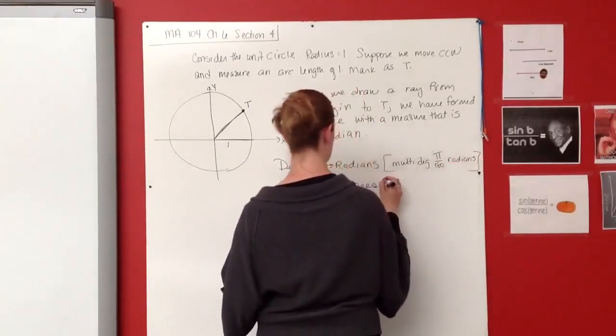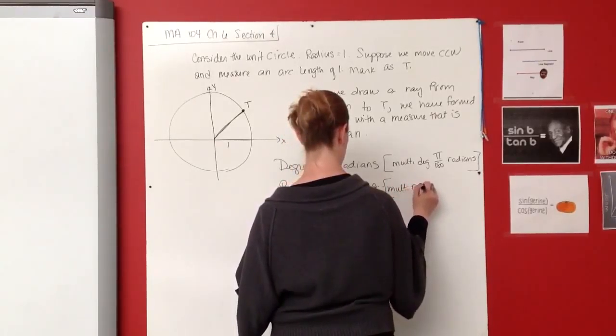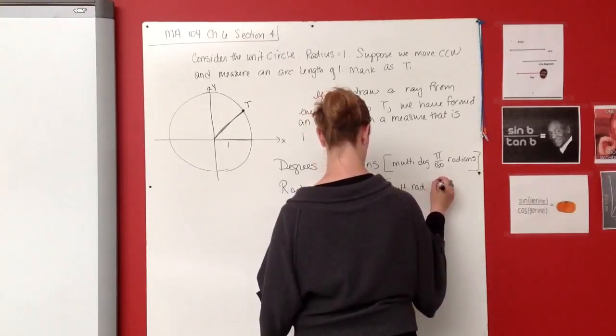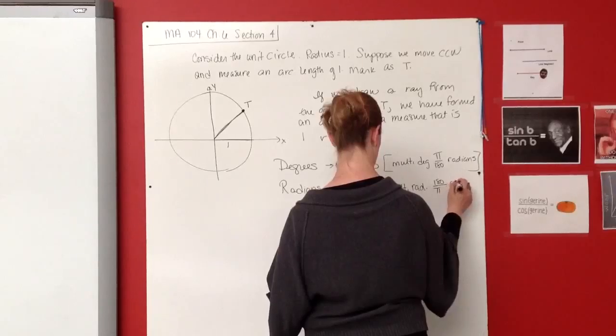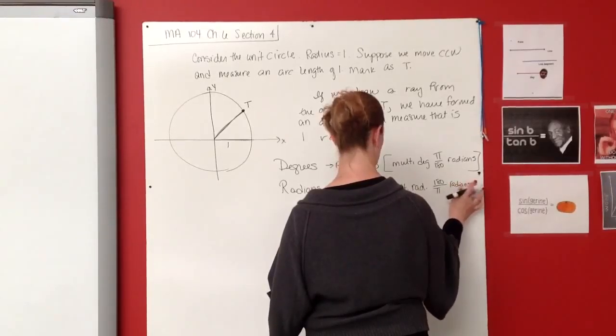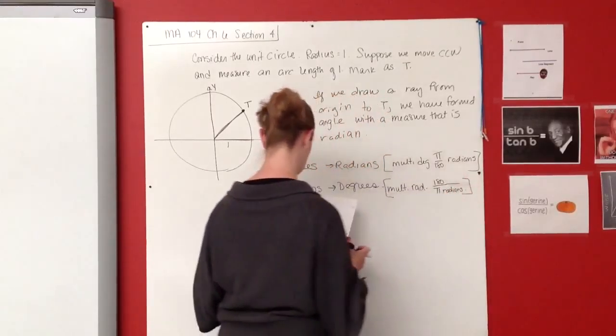To go from radians to degrees, you multiply your radians by 180 over pi radians. The radians actually goes in the denominator. Okay, it's a pretty straightforward process.